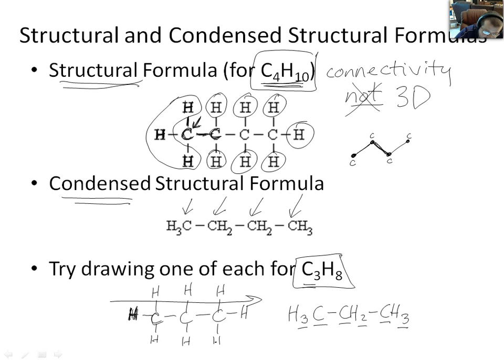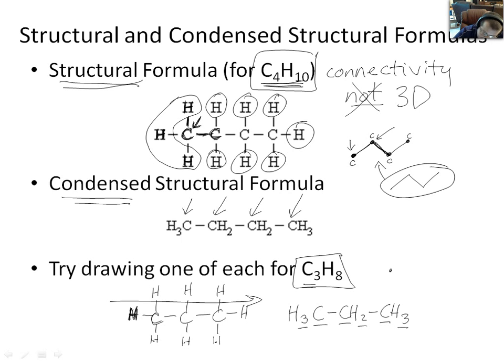In the skeletal formula, every endpoint and every point where the line bends, we're going to show a carbon being there. So I would draw this as 1, 2, 3, 4. I've got 4 carbons in this skeletal formula.